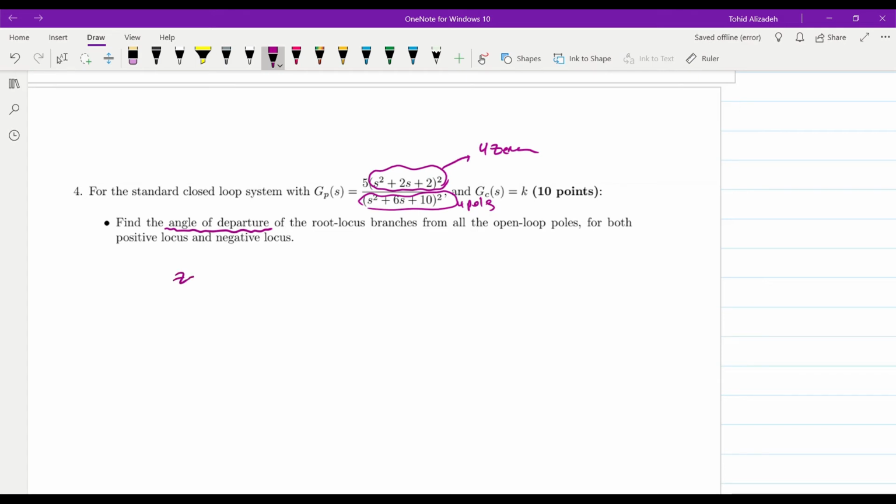The zeros will be located at -1 plus minus j and -1 plus minus j. And the poles of this system will be located at -3 plus minus j, -3 plus minus j.